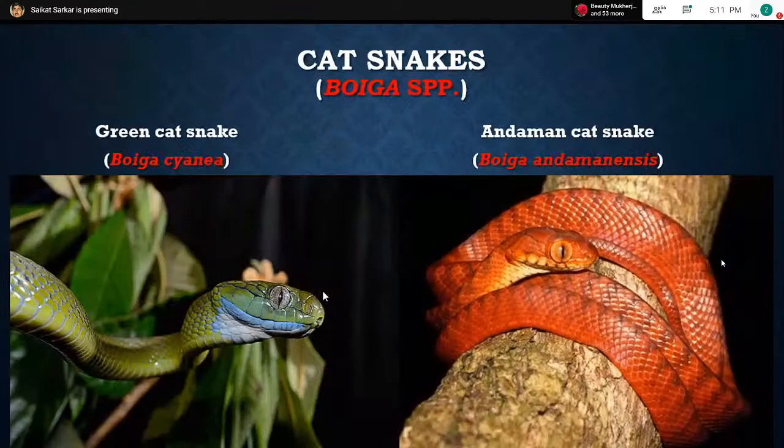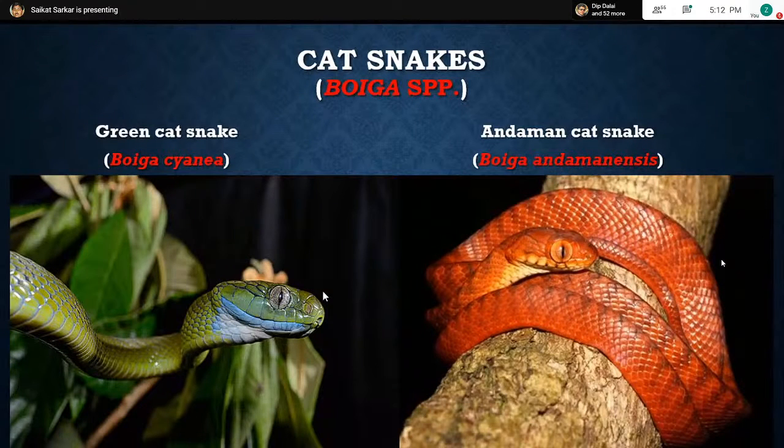Now, cat snakes, all of them are venomous. Some of them are serious. Maybe they are not deadly, but to some extent medically important, at least the big ones, like Boiga dendrophila.